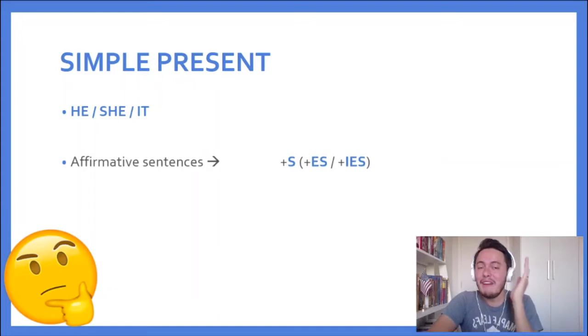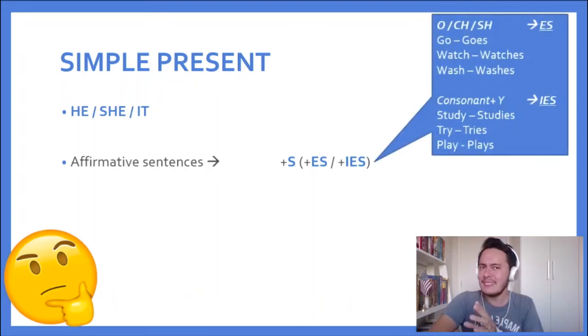So when you have he, she, or it for affirmative sentences, you put an S in the verb. And sometimes this S can be ES or IES. It depends on the verb ending. For example, when the verb ends with O, CH, and SH, you put the ES. For example, goes, watches, washes.